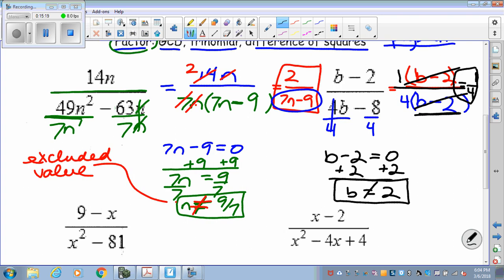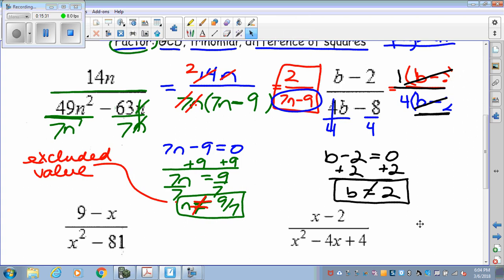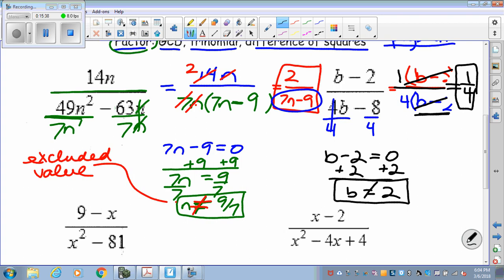If b is equal to 2, I would have 0 in the denominator. So that just looks sloppy, hopefully your paper looks better. So that's 1/4 is what it reduces to, and then this is the excluded value.